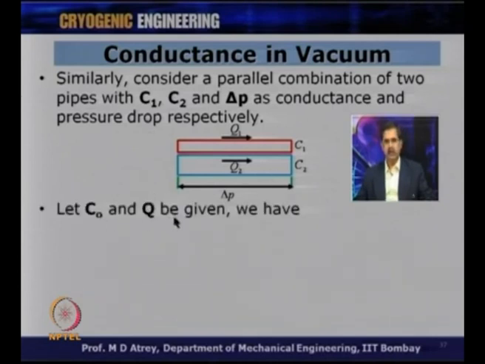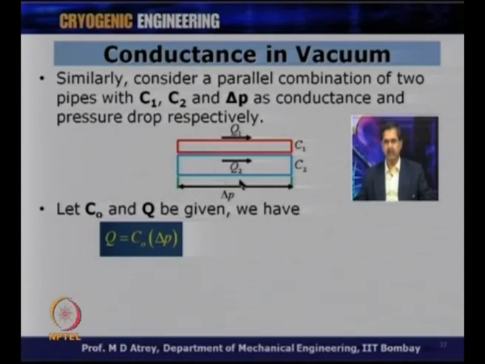So, let C0 and Q be given, and then delta P is the same. We know that Q is equal to C0 delta P, which is the overall Q, and we know that Q is equal to Q1 plus Q2 also, because Q comes in here and Q goes out from here.